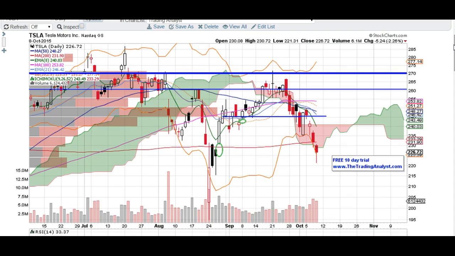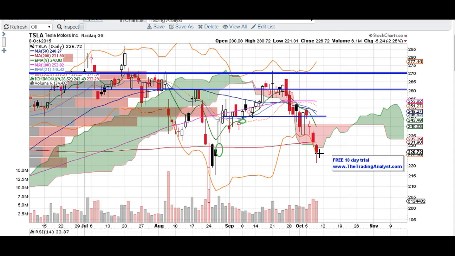So we're going to take a look at the Tesla chart here really quick. And so far, it is playing out exactly as we had planned. I've been mentioning this gap down here at 225 that needed to be filled. It is filled, and now we are expanding with these Bollinger Bands to the downside.